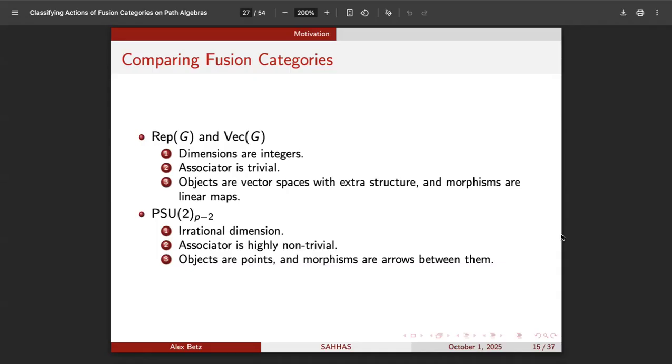One, if your fusion category has a fiber functor, meaning it maps into vector spaces, it's equivalent to the representation category of a Hopf algebra. Those ones will all have associators that are just the parentheses swap. So like V tensor W tensor U, you just swap the parentheses and don't change anything, because they're all coming from vector spaces and we know how to reassociate in vector spaces.